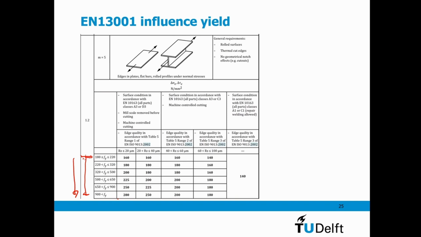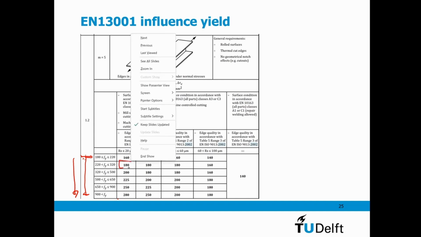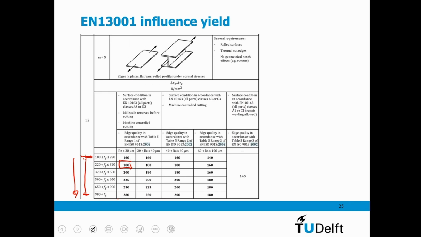So for standard mild steel with yield limits, let's say 220, this is the standard, that is standard 180. And then we have something here which we call the edge quality and the surface condition.